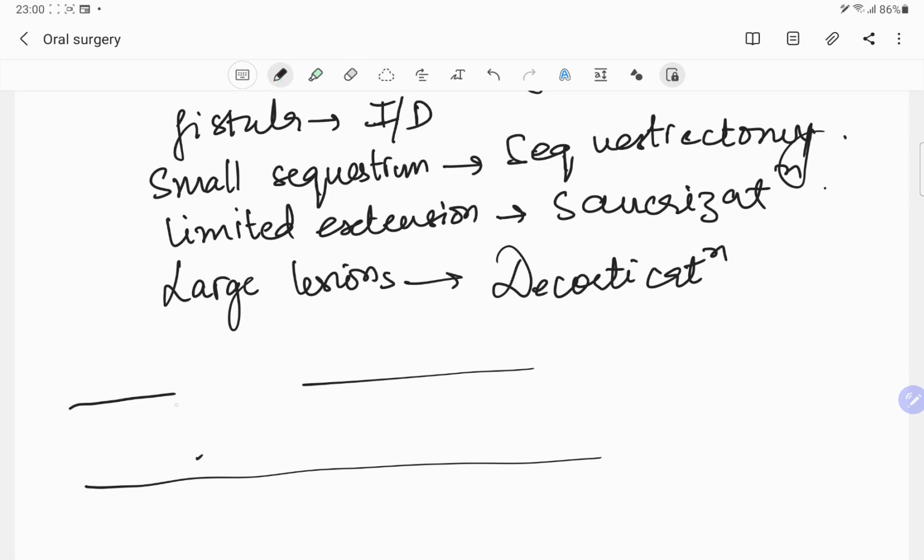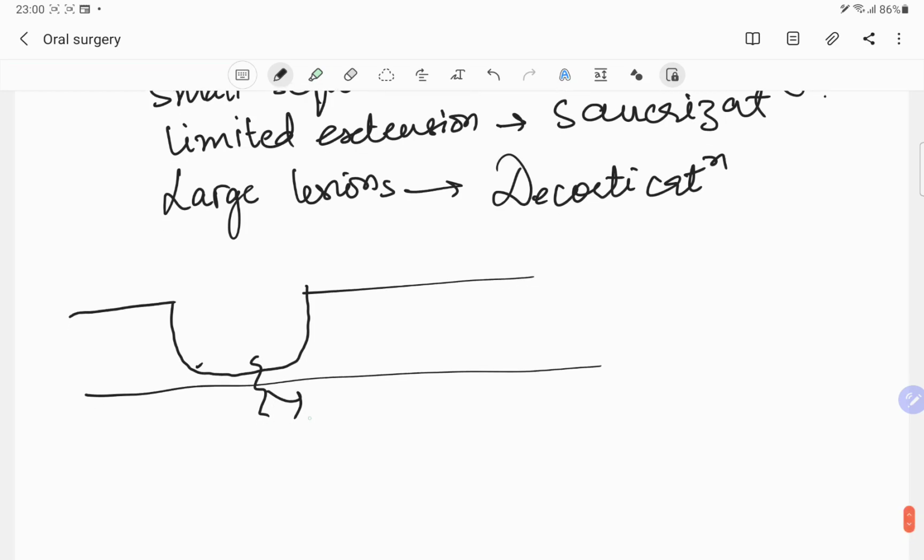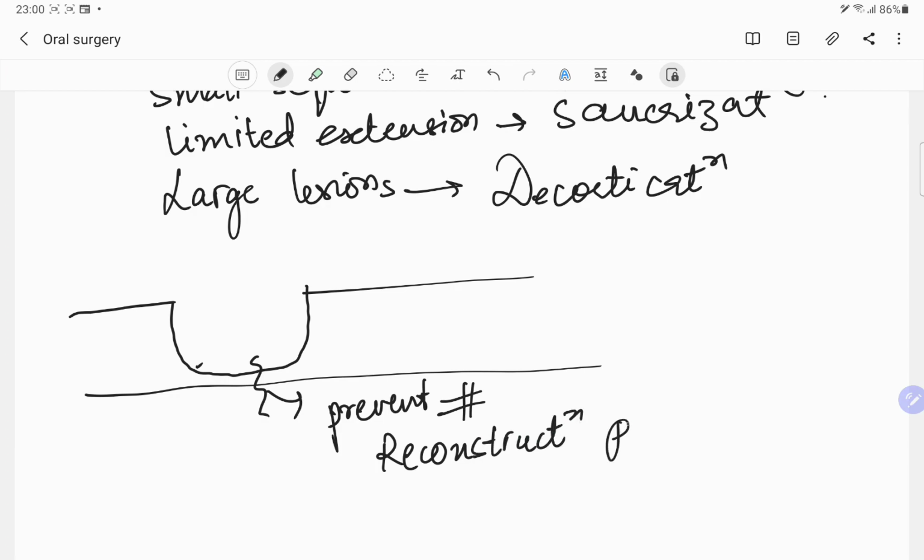Now since this bone is so thin, it can fracture any time. In order to prevent fracture, we give reconstruction plates or external fixators.